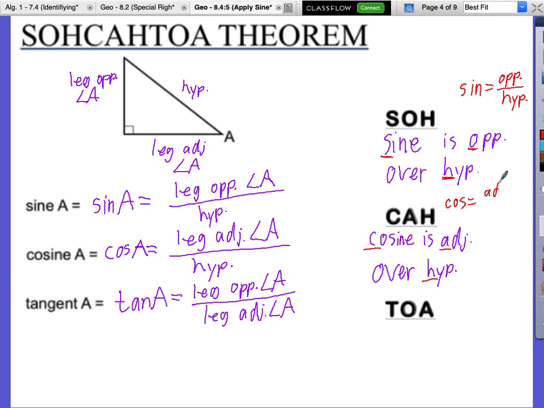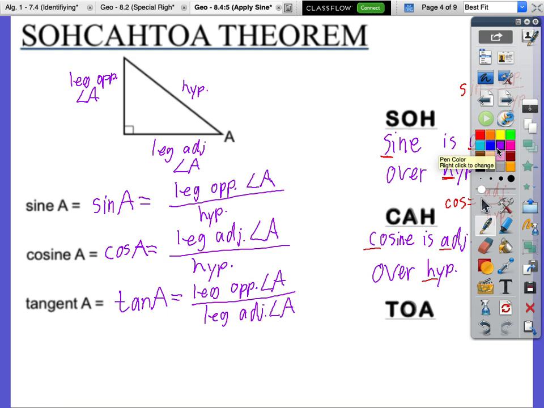This is huge on the ACT actually. Okay, so cosine is adjacent over hypotenuse, CAH. So, CAH, and then we have TOA.